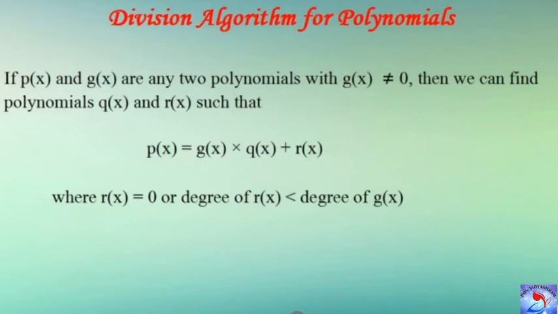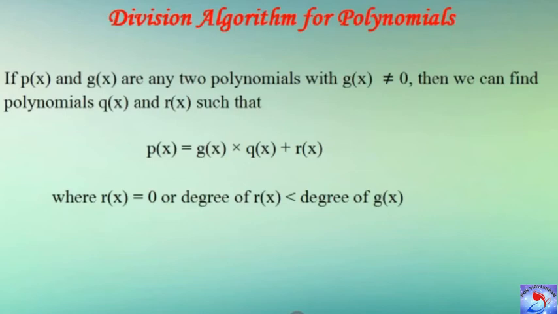Here is the definition of the division algorithm for polynomials. If p of x and g of x are any two polynomials with g of x not equal to 0, then we can find polynomials q of x and r of x such that p of x is equal to g of x into q of x plus r of x, where r of x is equal to 0 or the degree of r of x is less than the degree of g of x.